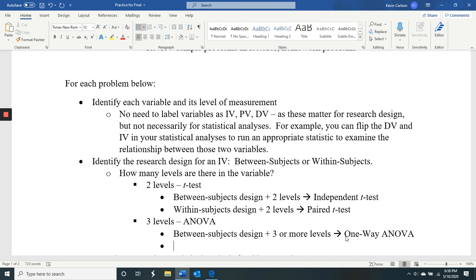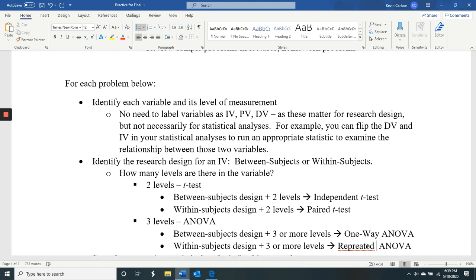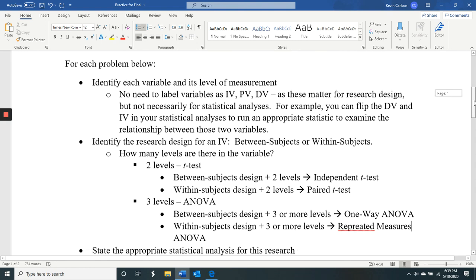And then if we have a within subjects design and 3 or more levels, I'm going to copy that. It's repeated measures ANOVA. I can spell repeated measures right.